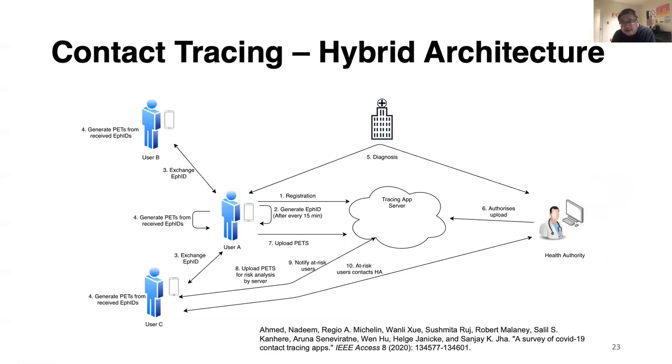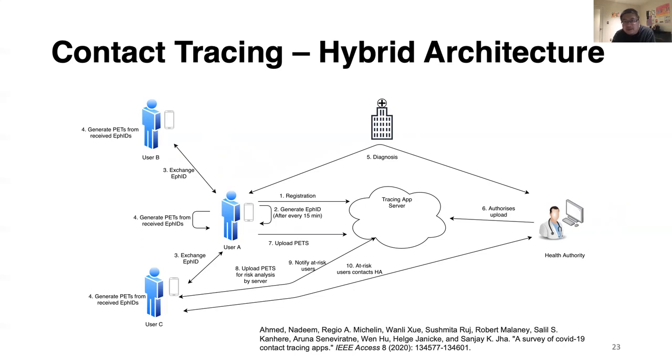In the centralized architecture, the server performs all the complex tasks, such as temporary ID calculations, encryptions, decryptions, risk analysis, and notification of alerts for at-risk contacts. On the other hand, all these functionalities are delegated to devices in the decentralized architecture, keeping the server only as a bulletin board for lookup purposes.